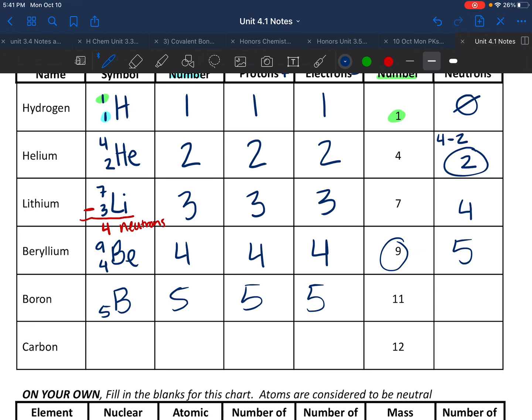Mass number 11 goes on top. 11 minus 5 gives us 6. And lastly, carbon. If we have a carbon, atomic number 6, that means we have 6 protons, 6 electrons, so it's neutral. And our mass number is 12, goes on top of our nuclear symbol. 12 minus 6 equals 6.